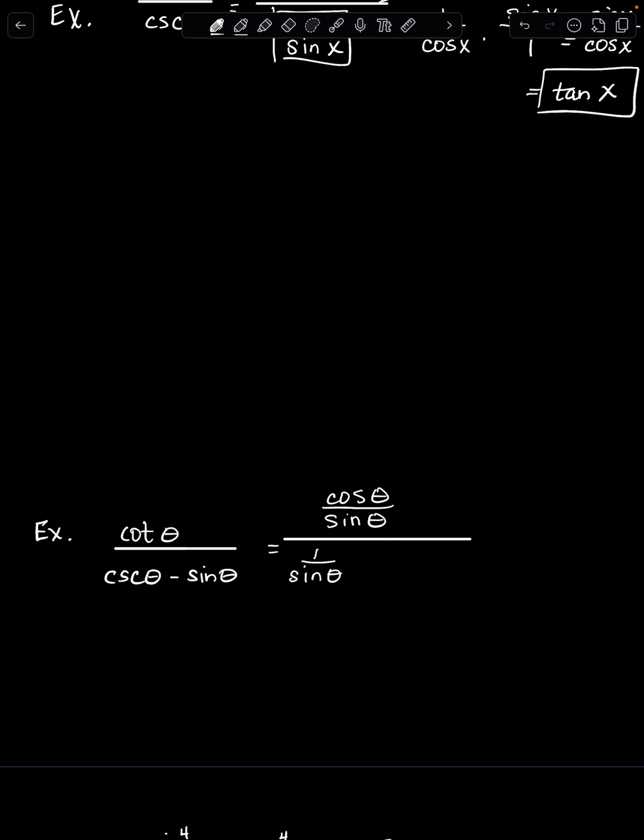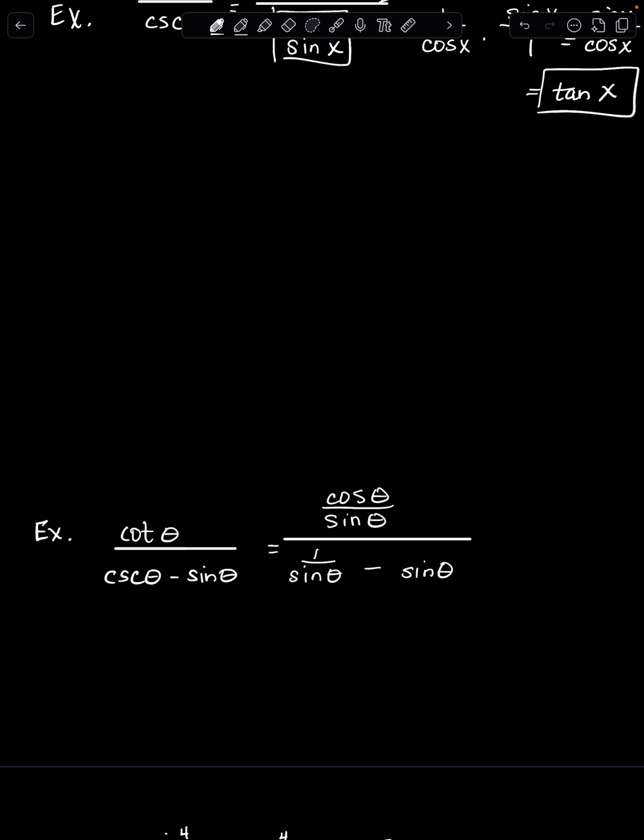It's 1 over sine minus the sine of theta. Alright, so this first step here, I just got everything in terms of sine and cosine. Now I've got to simplify this as much as possible. I've got to get rid of all the fractions. Alright, so this is also a complex fraction because I've got more than one fraction within a fraction.